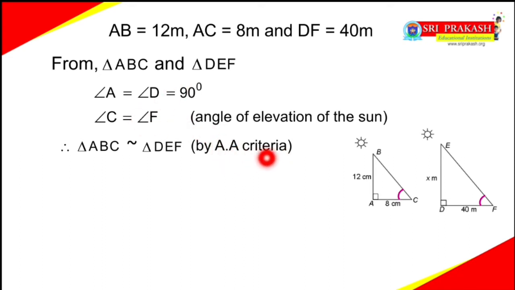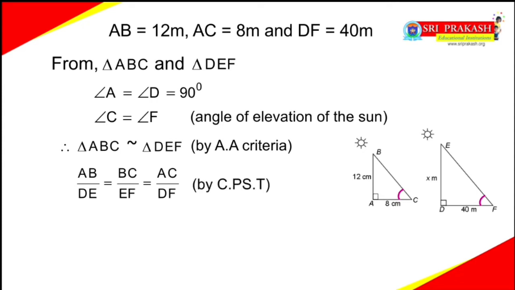Children, we know that if two triangles are similar, then the ratio of the pair of corresponding sides are equal. Then we get AB by DE is equal to BC by EF is equal to AC by DF by CPST.